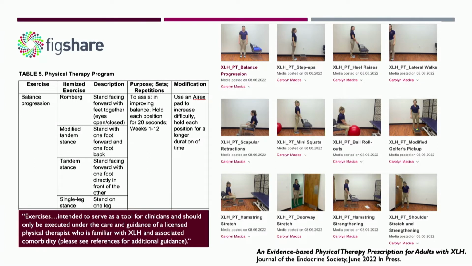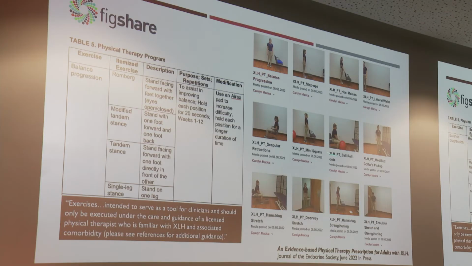Each one of the exercises is individualized here, listed, a description of the exercise, a video of the exercise, with instruction. This is one of my students, they were both doctoral PT students, both of these guys, who have since graduated. And so they performed and described each one of the exercises.